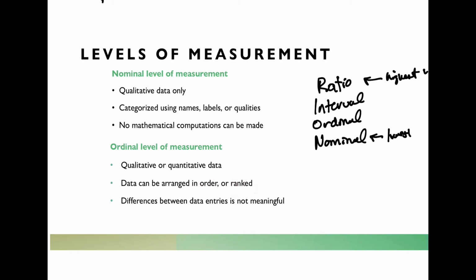So they can be ranked, but they involve numbers, so they might actually be quantitative in this case, because we could take averages and that would make sense. So those are the first two.